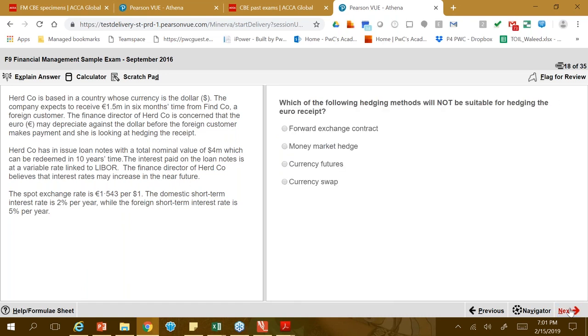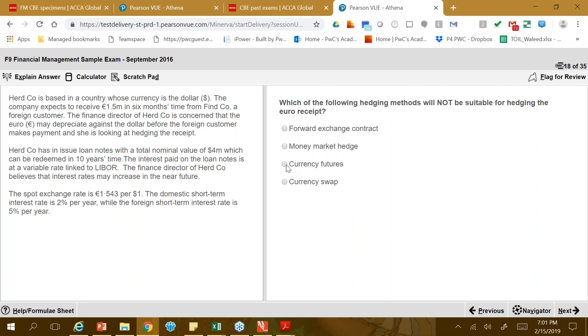Next, which of the following hedging methods will not be suitable for hedging the euro receipt? There's one method here which will not be suitable. Well, we can use forwards. I don't think there's a problem with that. Money market hedge, yes.